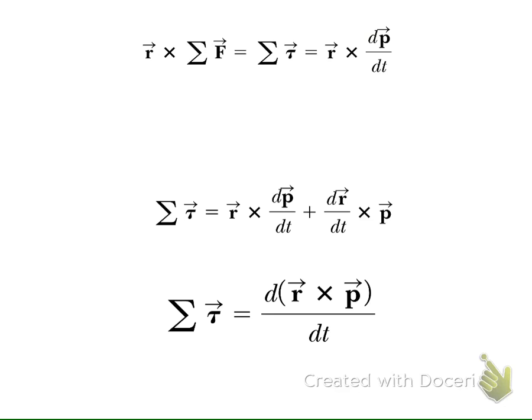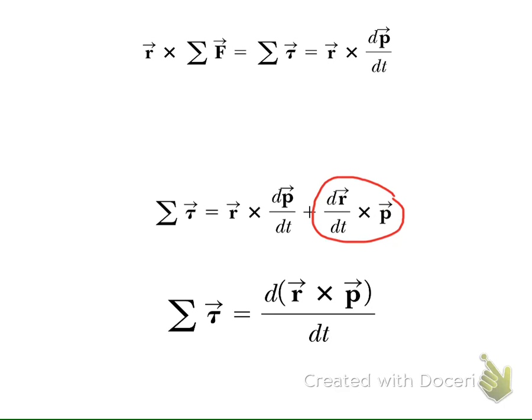Now, we can rewrite this equation in this form by adding a second term, dr by dt cross p.